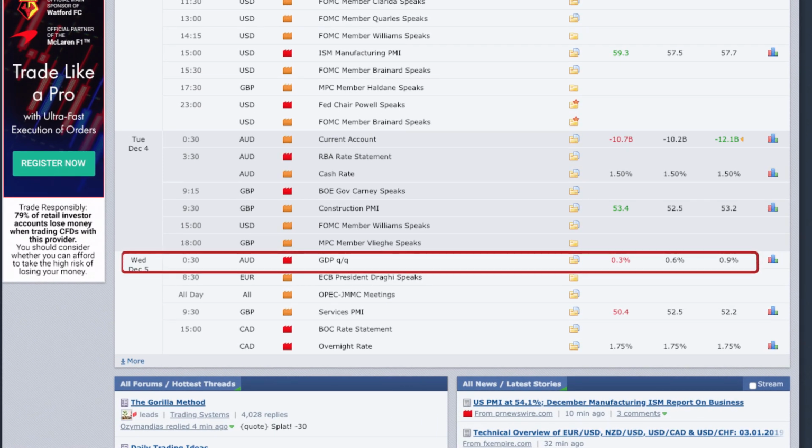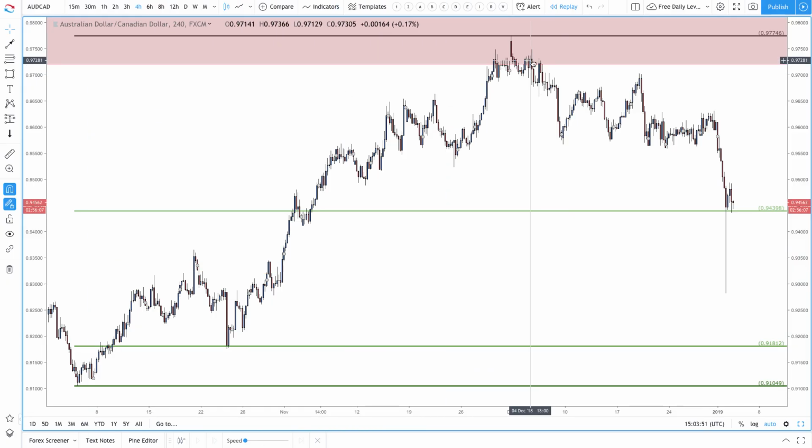I happened to be awake when this happened. I think it was at 1 in the morning. As prices came up here, waiting for GDP to come out, I think the expectation was 0.6%. It ended up coming out at 0.3%.